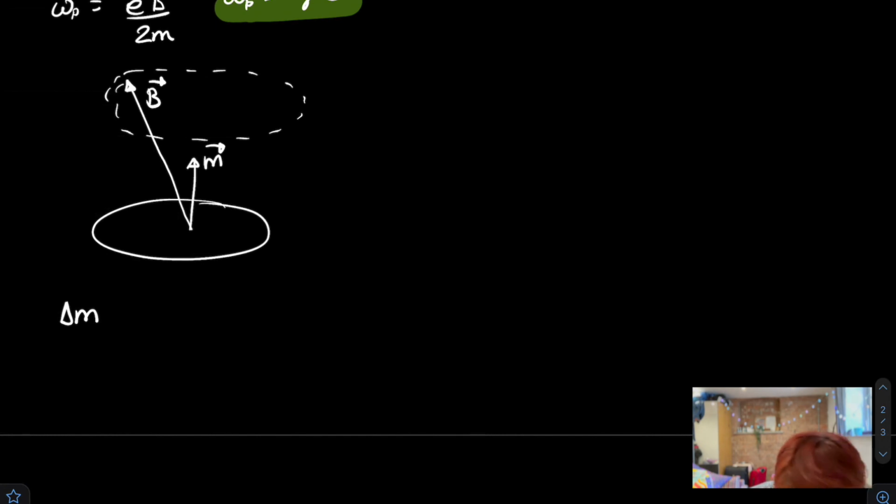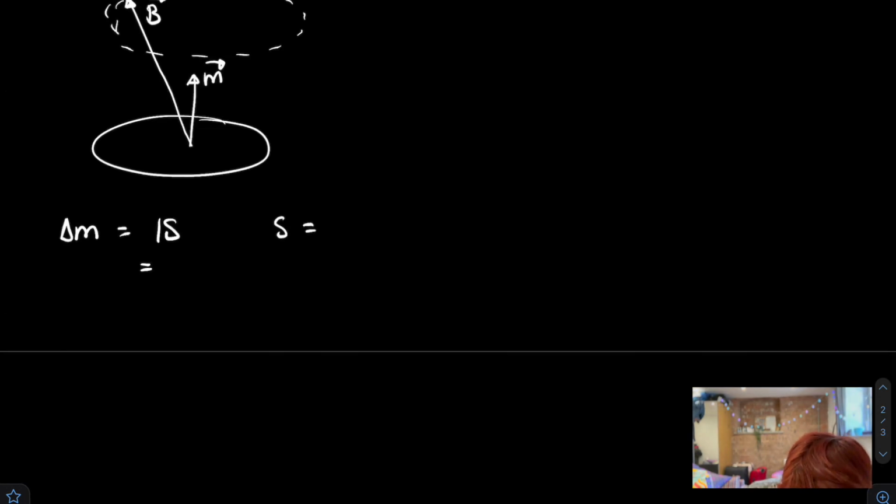So this, just as a scalar for now, is equal to the implied current, because of course it's not an actual current this time, times the surface area. For S, we can simply substitute in pi r squared, where r was the radius of our atom. But for the implied current, this time we're going to get e divided by 2 pi times omega precession, which is our precession frequency right here. And that's going to be multiplied by pi r squared, the area right there.